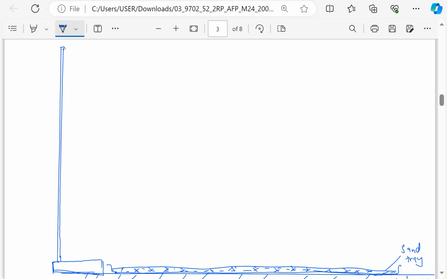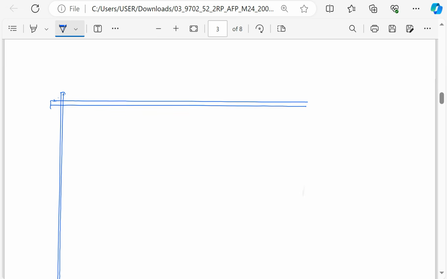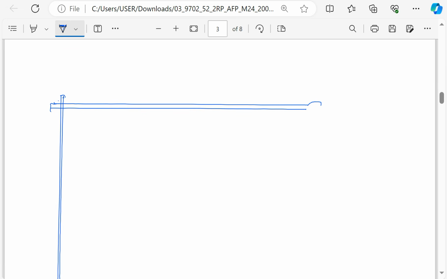So let me first draw the clamp. So now I will draw the metal rod somewhere here. I think if I do this, this is very long. I need space for.